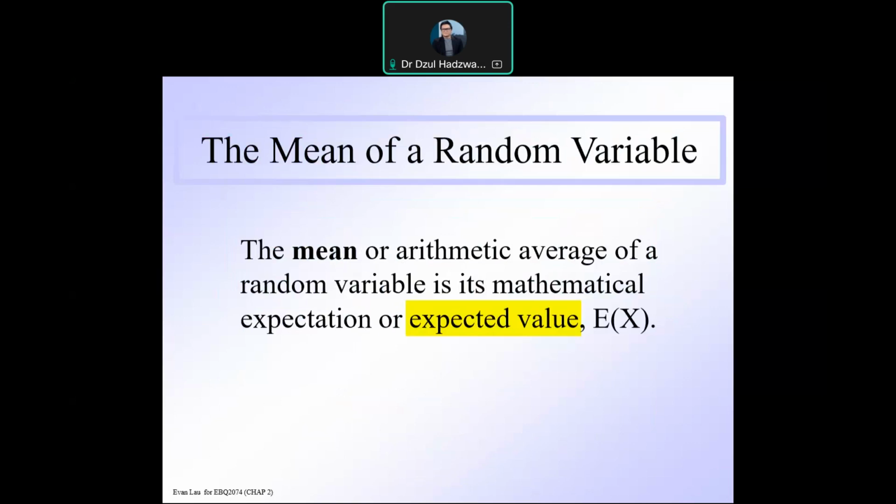Another example: you want to come up with the average income of the population in one area, let's say area A, and you also have the information about the income of the population in area B. Then you want to compare the level of income in area A and area B. Then you use mean.